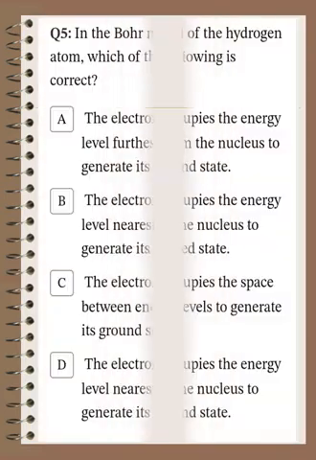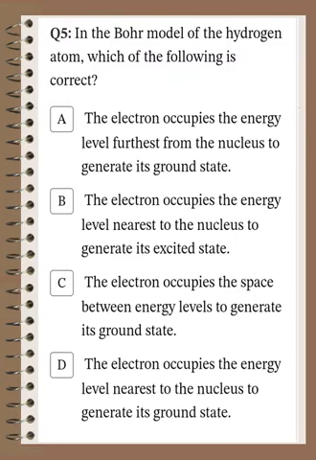Question 5 here. In the Bohr model of the hydrogen atom, which of the following is correct? We have different choices here. The electron occupies the energy level farthest from the nucleus to generate its ground state. The electron occupies the energy level nearest to the nucleus to generate its excited state. The electron occupies the space between the energy levels to generate its ground state.